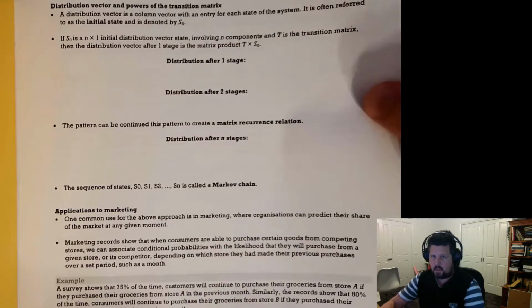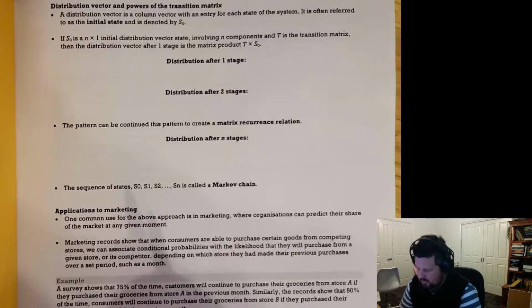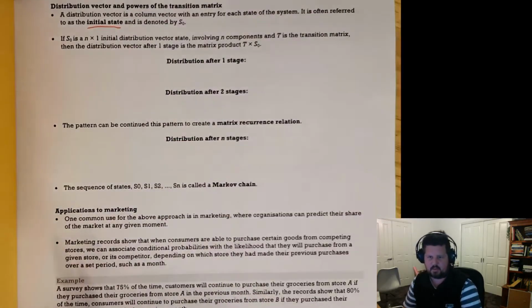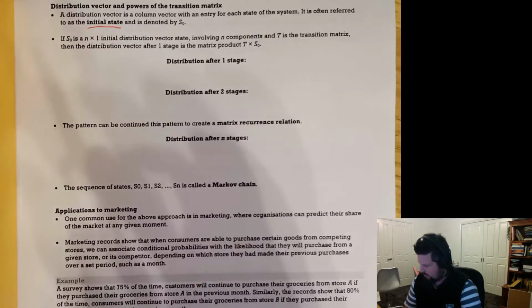Alright, let's have a look at the next information. We need to have the chat about the distribution vector and the powers of the transition matrix. It says here, a distribution vector is a column vector with an entry for each state of the system. It's often referred to as the initial state, and it's denoted by an S with a little subscript 0.